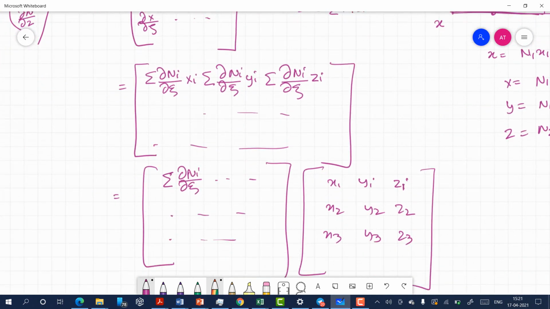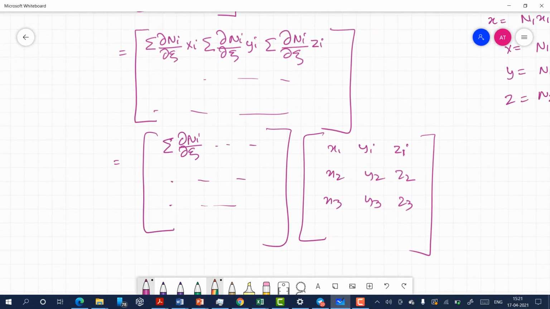And so I will have del n by del epsilon into x i I had, right? So I will have x1 and x2 and x3 only. I cannot have a fourth row, and that is also true because these two have to be multiplicable, right?